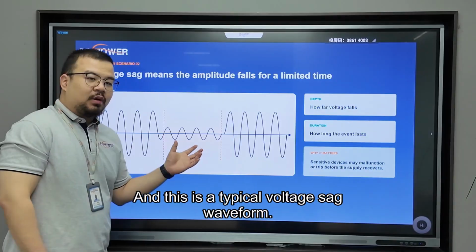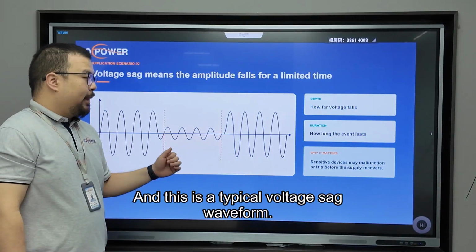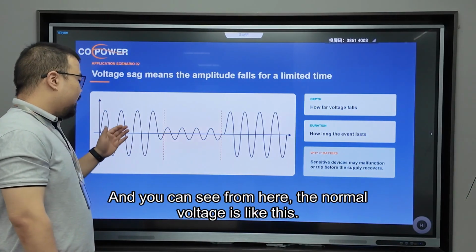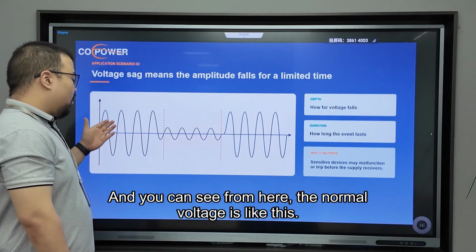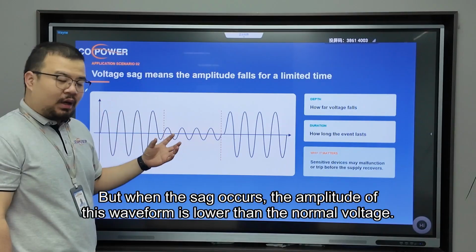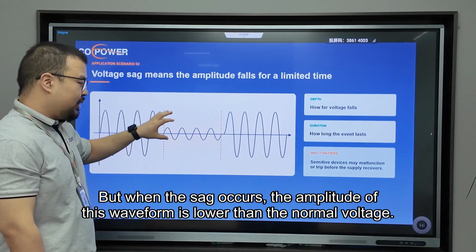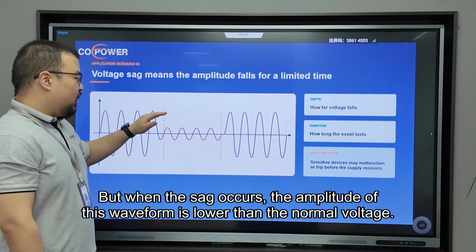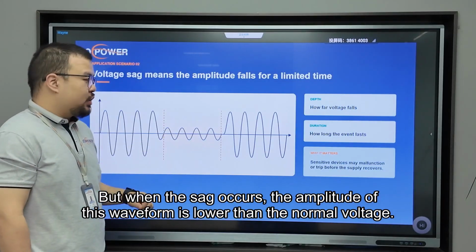And this is a typical voltage sag waveform. You can see from here, the normal voltage is like this, but when the sag comes, the amplitude of this waveform is lower than the normal voltage.